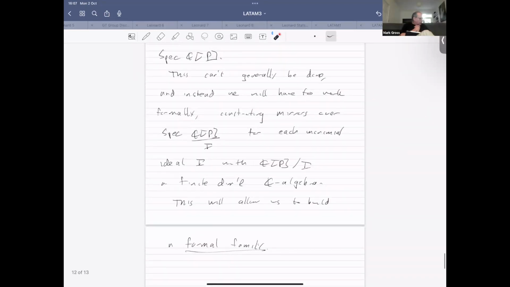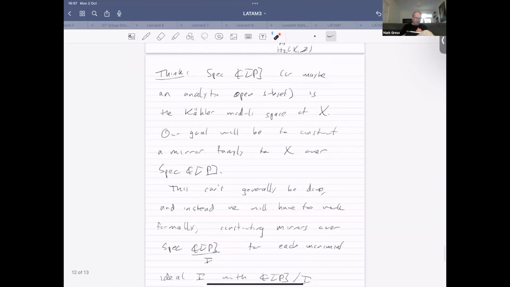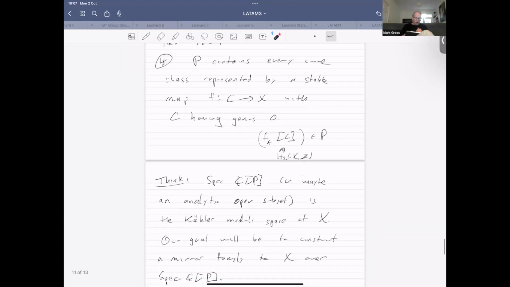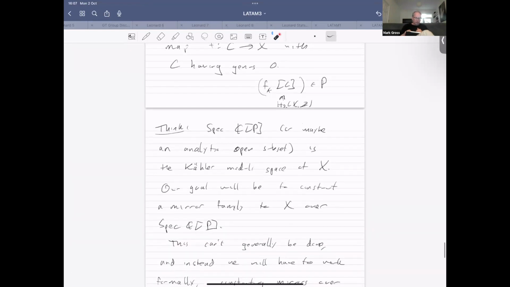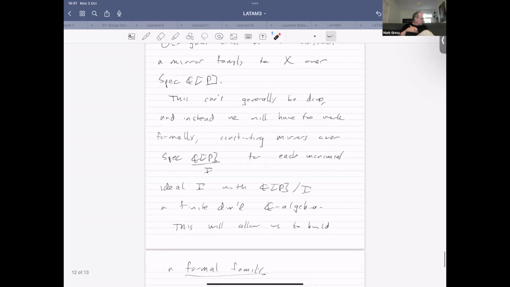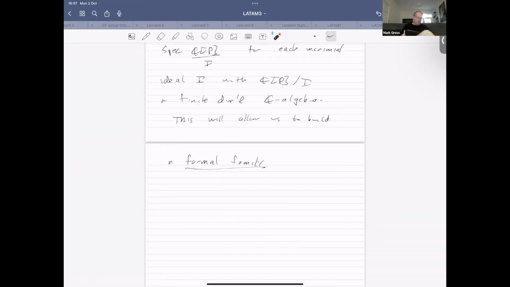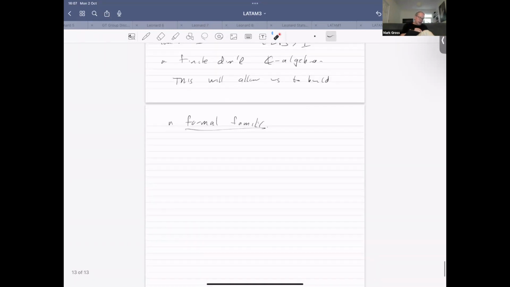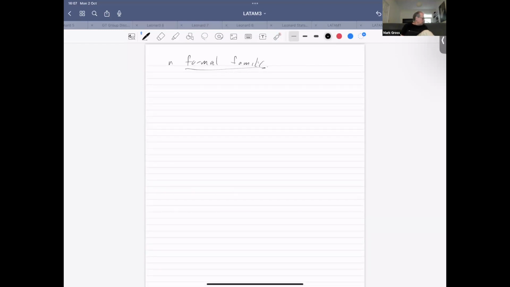Okay, so I'm going to define some structures, what we call a wall structure, which you should think of, as I said, as a data structure for constructing these families. So this is a little bit technical, but bear with me and hopefully it will make sense.